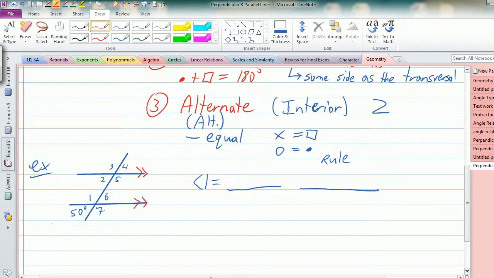Eden. They add to 180. So we would go 180 minus 50. Angle 1 is 130 degrees. Now I just showed you the work. You really just need to write the answer. The rule, you would say it's supplementary to 50 degrees. So you want to refer to what it's supplementary to.